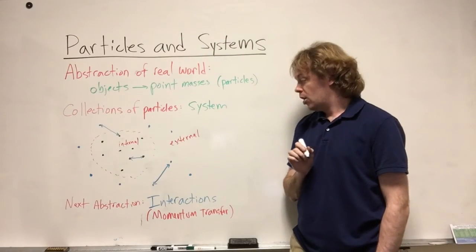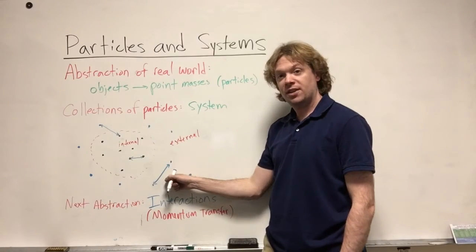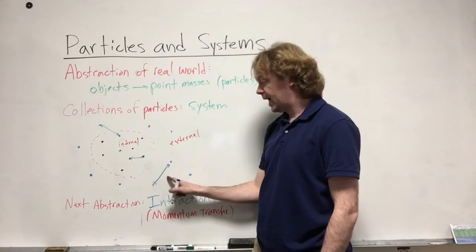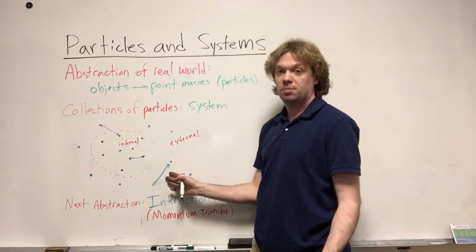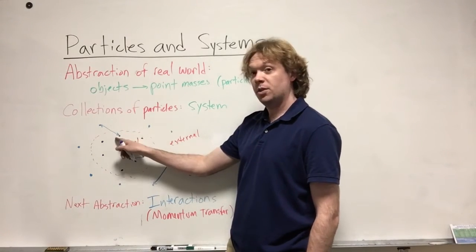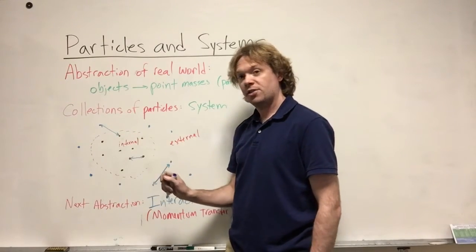Okay, so the first thing we want to do is be clear that we can ignore all the interactions that happen outside the system. Those things don't touch our system at all, and if we don't care about anything but inside our system, we will not be influenced by those. Okay, fine. So we do have these interactions which are across the boundary of our system between internal and external objects.